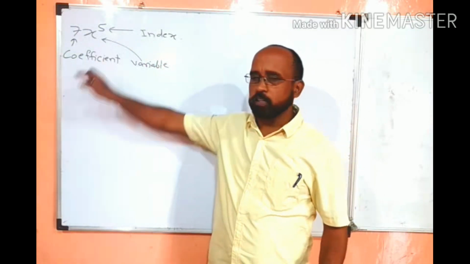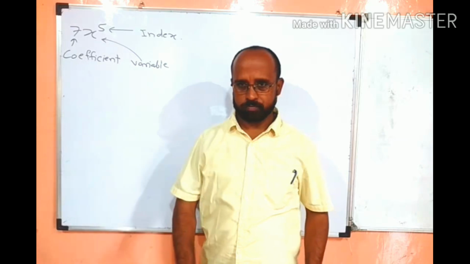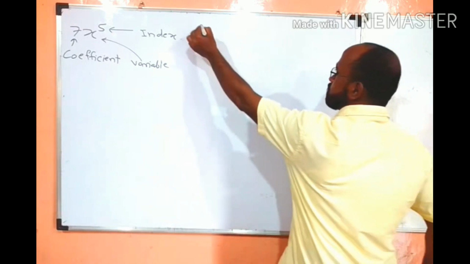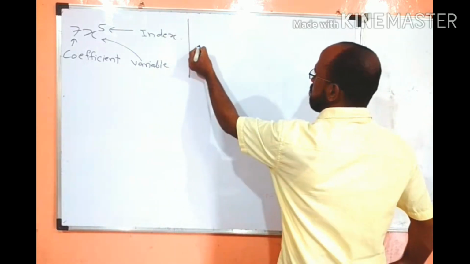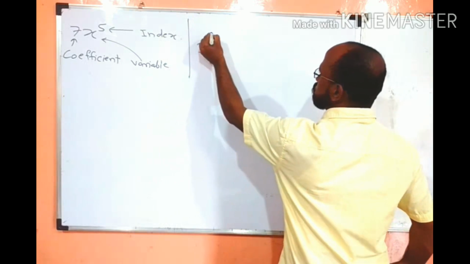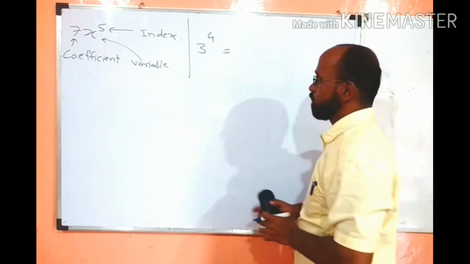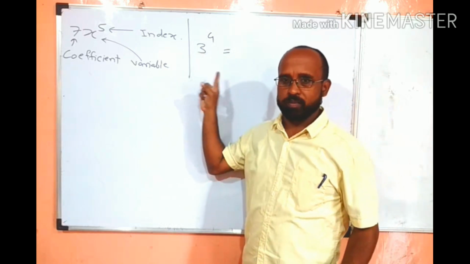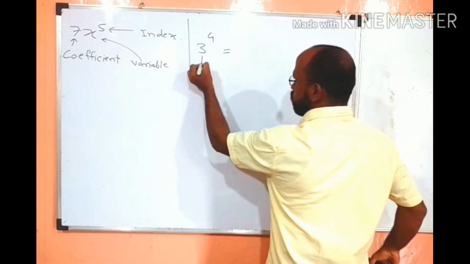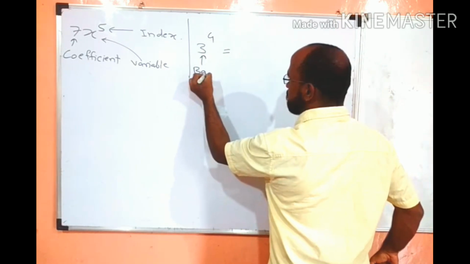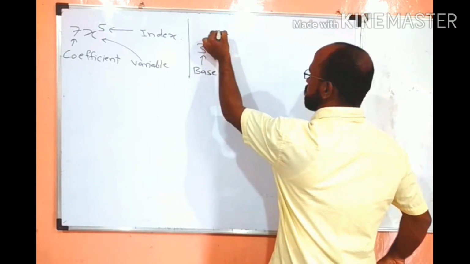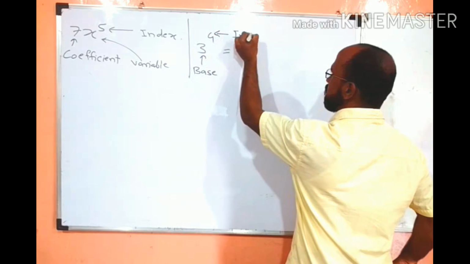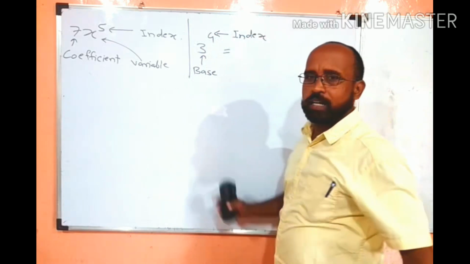But instead of a term, if I will use a number, suppose I will write as 3 raised to 4. In this example, this 3, only a number, is called as base. So this 3 is a base and this 4 is called as index.